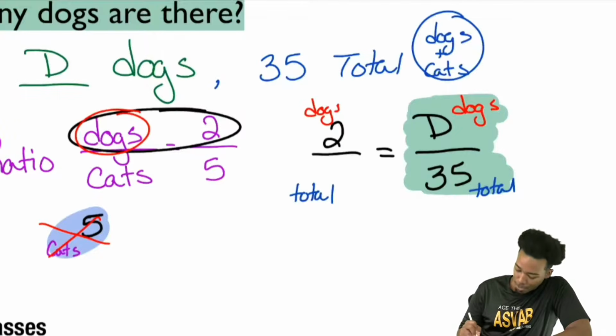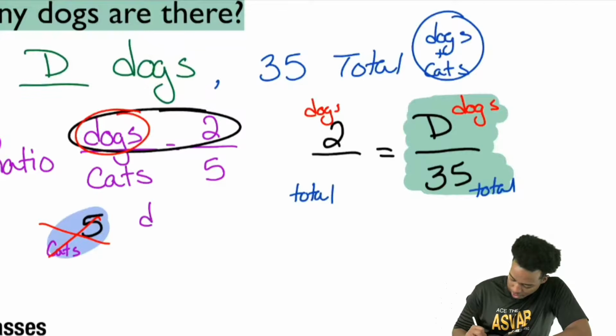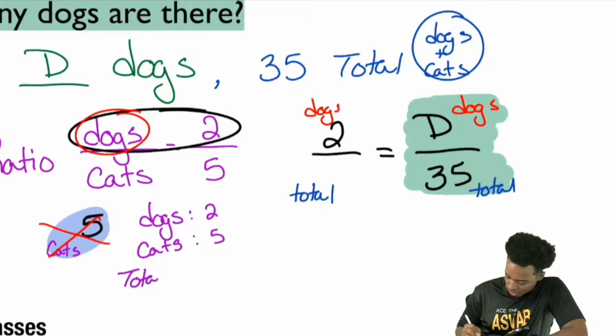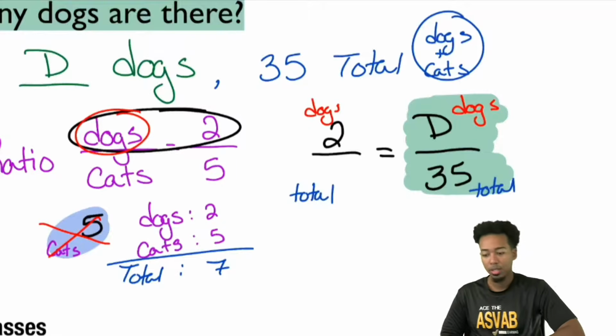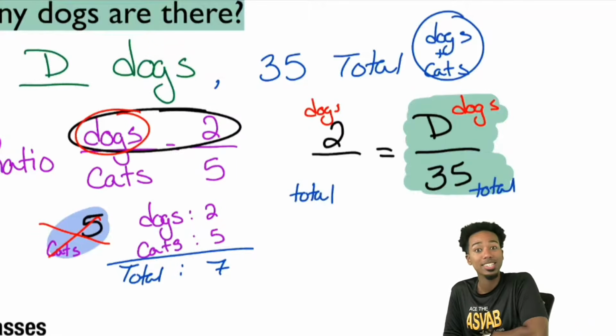So again, if I have 2 dogs for every 5 cats, that means my total, let me write that in blue actually, my total is 7. Does that make sense, everybody? How I got the 7?